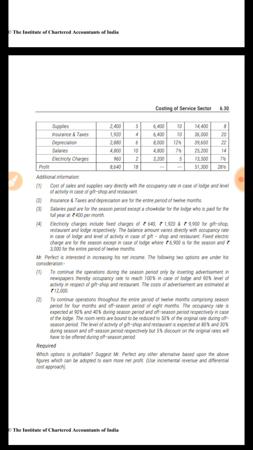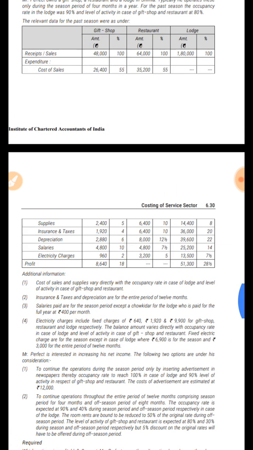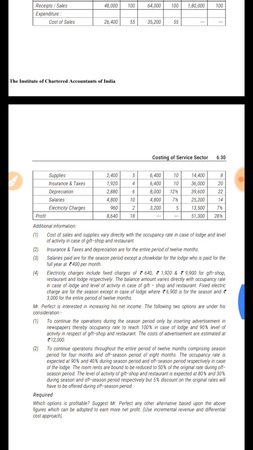Depreciation 2,880, 6%, 8,000, 12.5%, 39,600, 22%. Then salaries 4,800, 10%, 4,800, 7.5%, 25,200, 14%. And the electricity charges 960, 2%, 3,200, 5%, 13,500, 7.5%. Then finally the profit, it is 8,640, 18%. And for this last division 51,300, 28.5%.